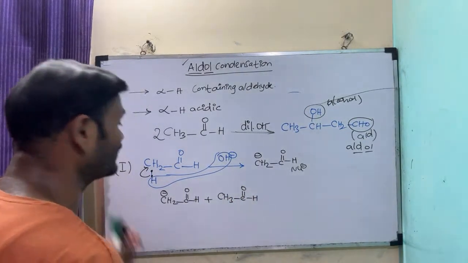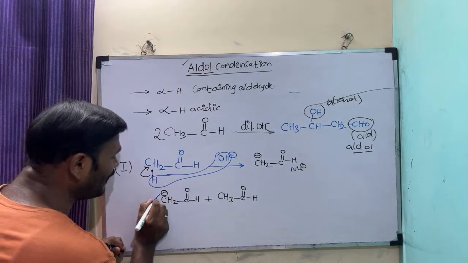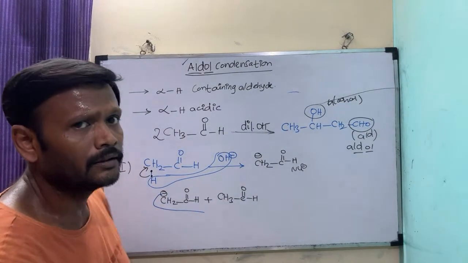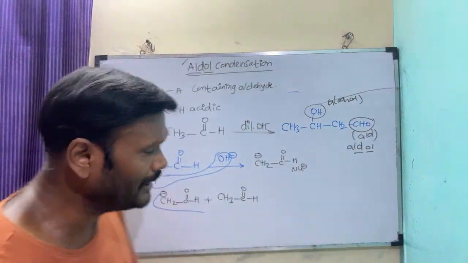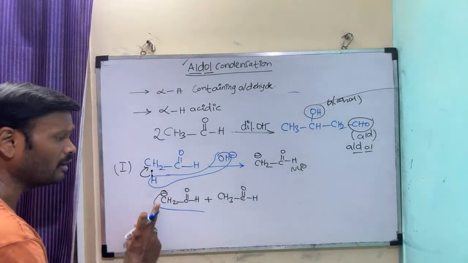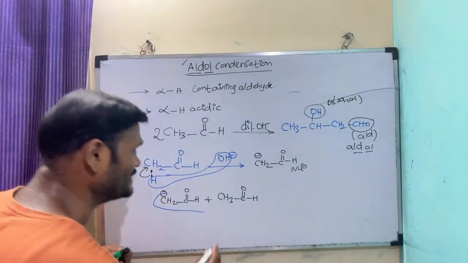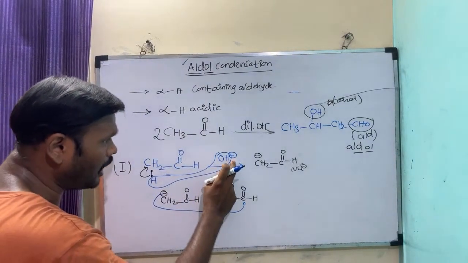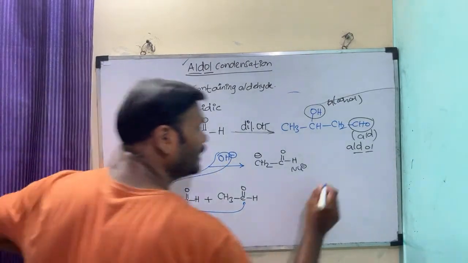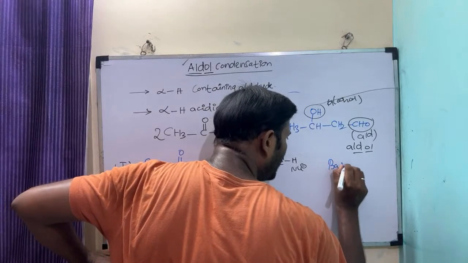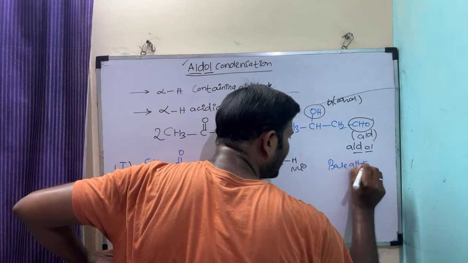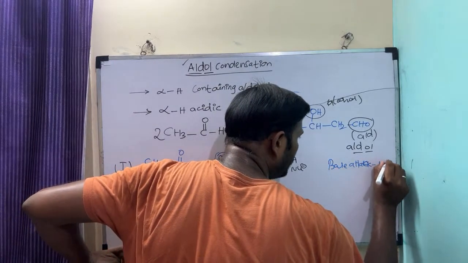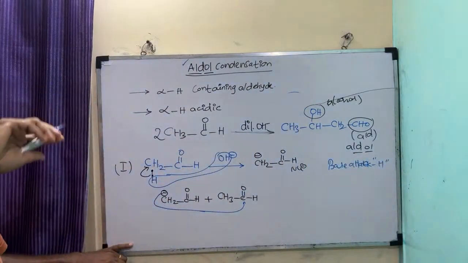Now you can see where this nucleophile will go and attack. The very important thing: the nucleophile always approaches the positively charged carbon. As we know, base always attacks hydrogen, because base attacks acids.